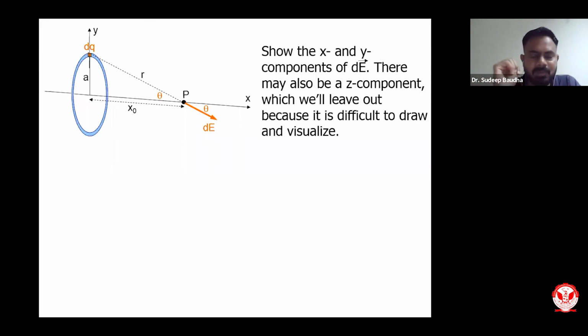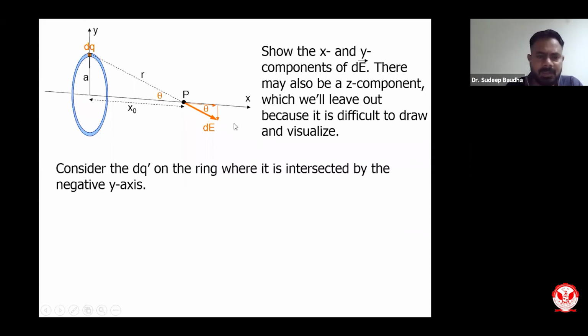I will try to show those Y components also. But right now, let us draw what are the X and Y components of this particular dE. So I can straight away write, I will have X component and I will have Y component. You can see the directions. X component is towards X and Y component will be in the negative of Y. These are the X and Y components of dE because of small amount of dQ.